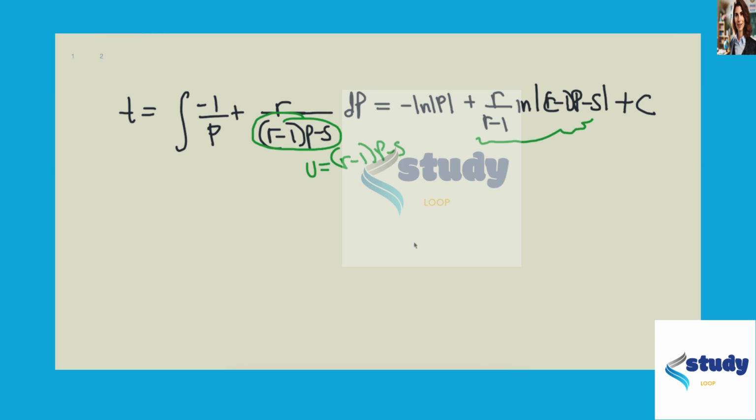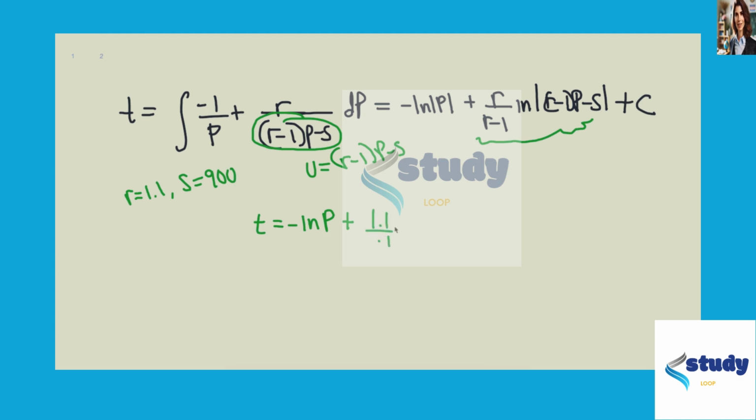So going on and now plugging in our values for r and s. Recall r is 1.1, s is 900. These were given. So t equals negative ln p. P is positive, so you can drop the absolute value.